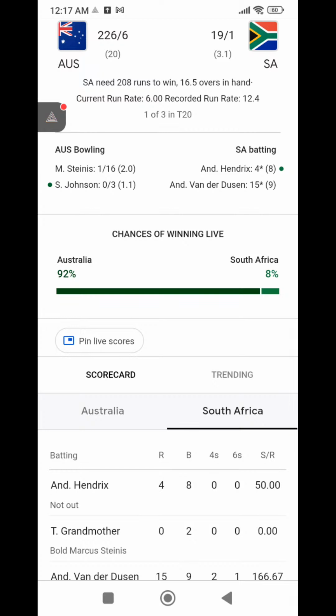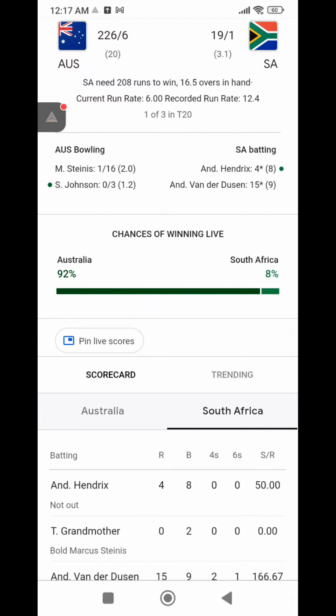So Hendricks will face the bowling of Johnson. Here comes Johnson to Hendricks. So winning probability Australia 92% and South Africa 8%.